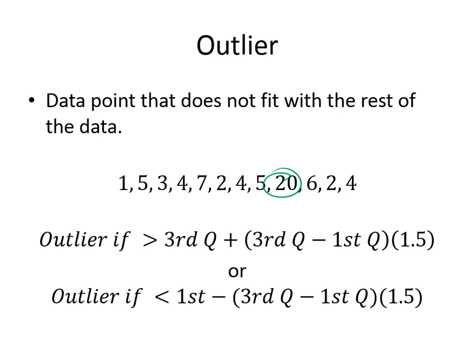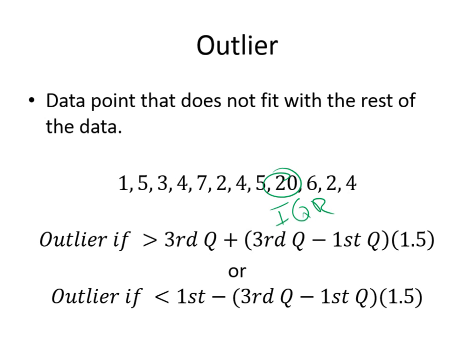But outliers happen. To identify if something is an outlier, if the number is bigger, like this 20 right here, you look at the third quartile and identify what it is. Then you find what's called the interquartile range, the IQR, which is the third quartile minus the first quartile.